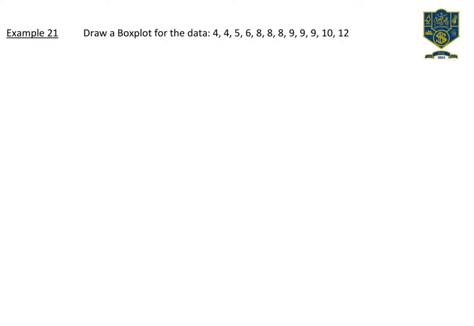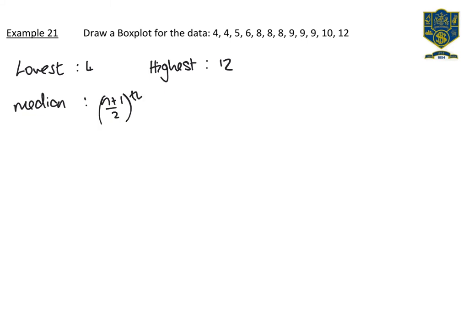Example 21: draw a box plot for the data 4, 4, 5, 6, 8, 8, 8, 9, 9, 9, 10, 12. For this data, we need to identify the lowest value. You can see the lowest is 4, and the largest value is 12. We need to work out the median, and to work that out, it's the n plus 1 over 2 term.